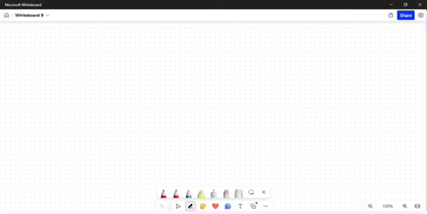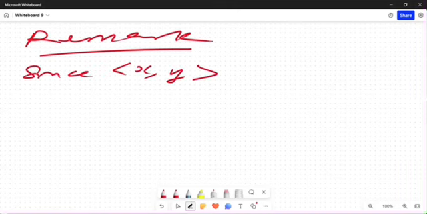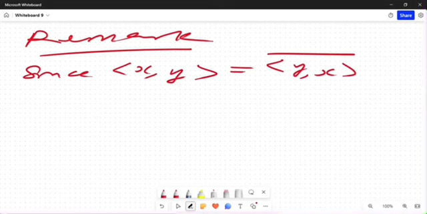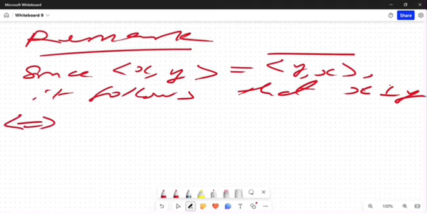Remark: since the inner product of x comma y is the same thing as, if you remember one of the properties of inner product, y comma x but with the conjugate, it follows that x pap y if and only if y pap x.